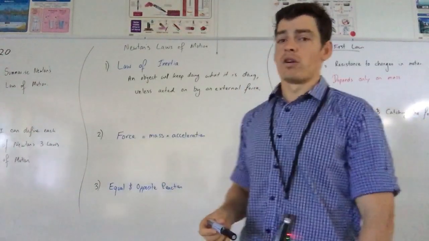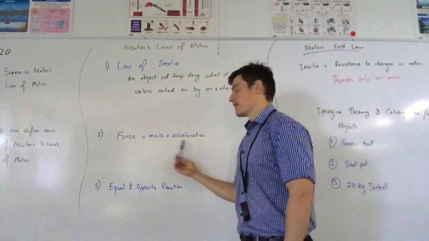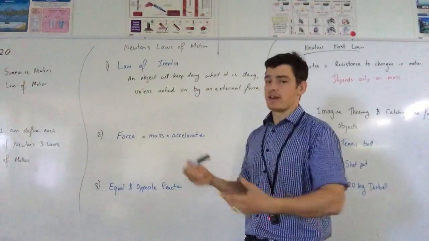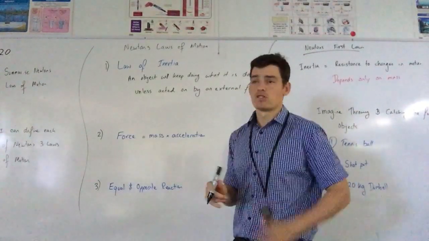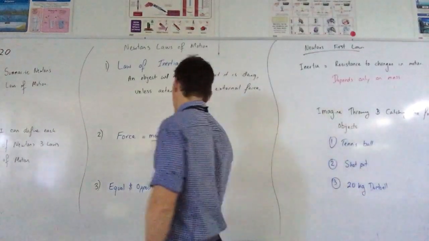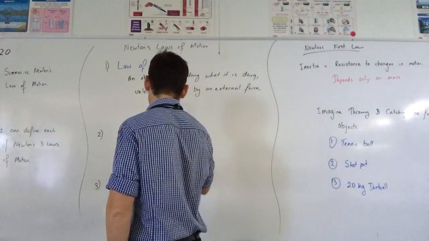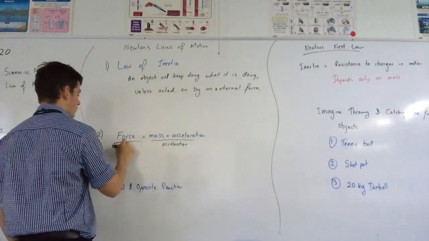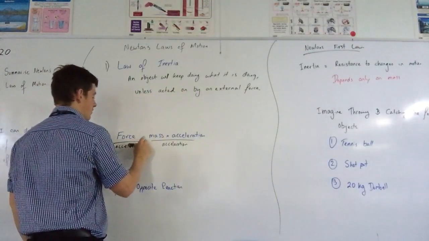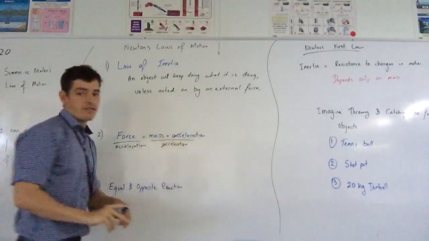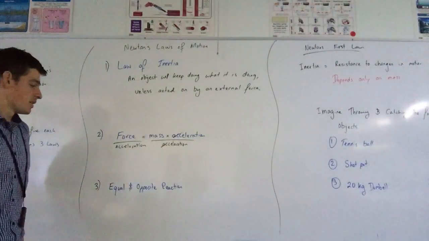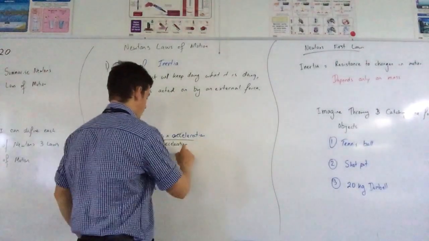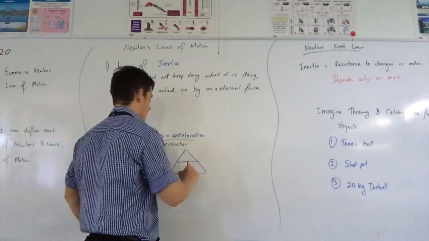That's what that law is all about. It's just applying a quantitative value for force, mass and acceleration. I could obviously rearrange that equation to find any of those unknowns. If I wanted to find the mass, I would divide both sides by acceleration, and that would give me mass equals force over acceleration. So you need to be able to manipulate that equation very effectively. Some people represent this law as a triangle. I'm not a massive fan, but some people like to.